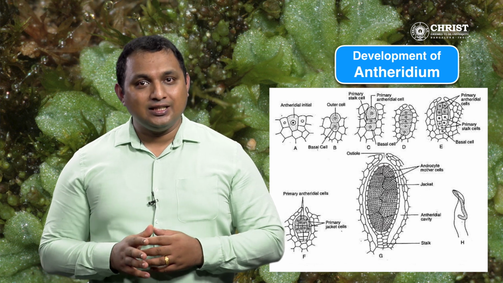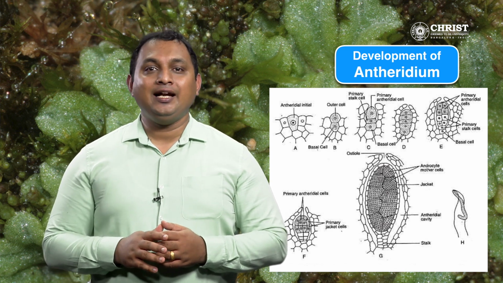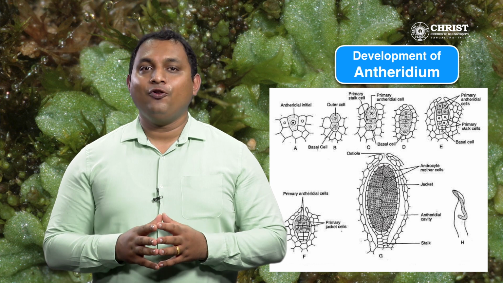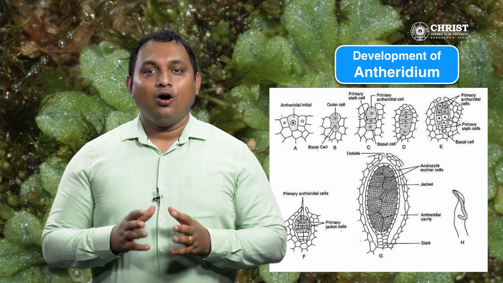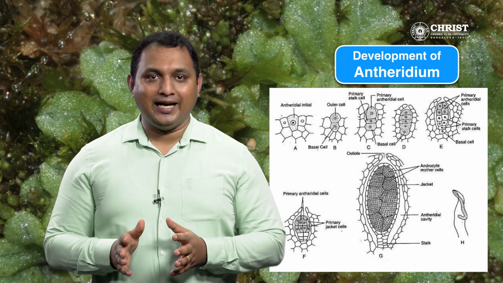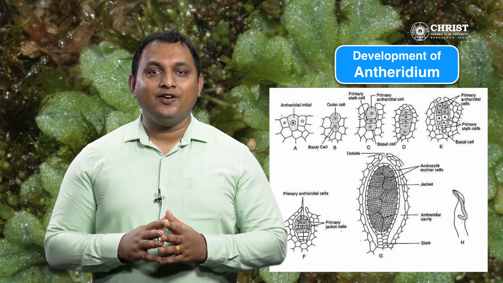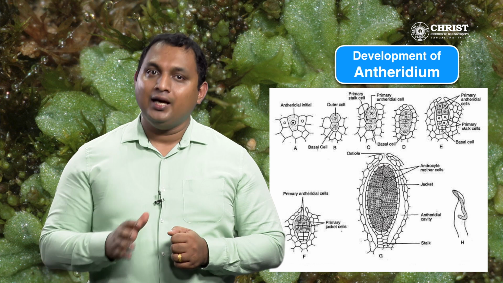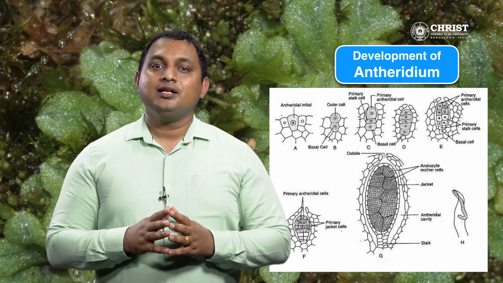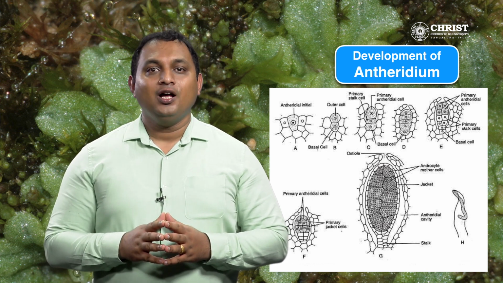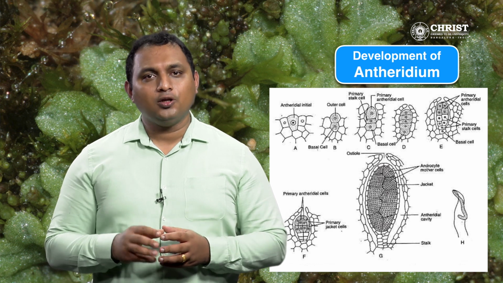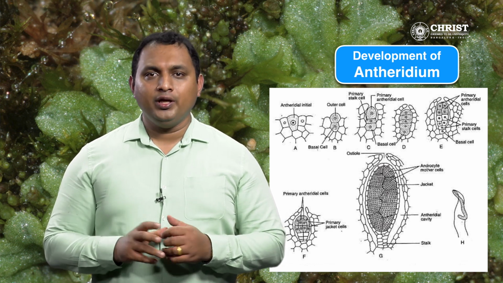Jacket initials divide by several anticlinal divisions to form a single layer of antheridial jacket. Primary androgonial cells divide by several repeated transverse and vertical divisions, resulting in the formation of a large number of small cuboidal androgonial cells.